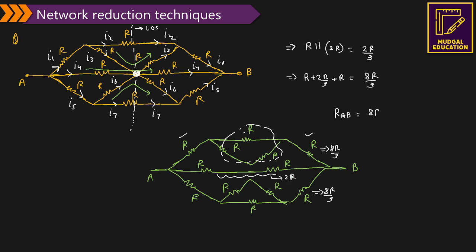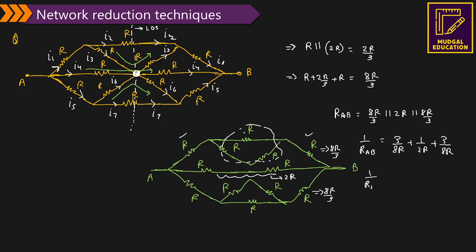So finally, what is the resistance AB? It is 8R by 3 parallel to 2R parallel to 8R by 3. So we can do the reciprocal sum. It comes out to be 3 by 8R plus 1 by 2R plus 3 by 8R.